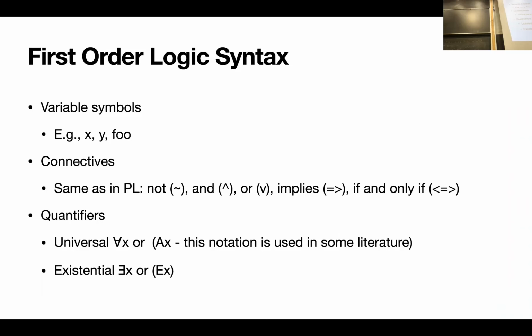We will not use this notation; we use this one in this course. And we also have the existential quantifier, which is exists X. There is at least one object X for which the sentence holds. Again, you also see it written as E of X like that.